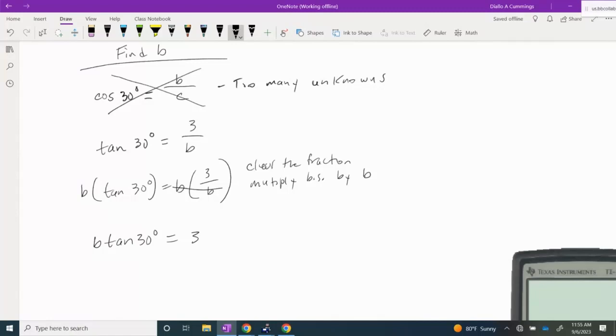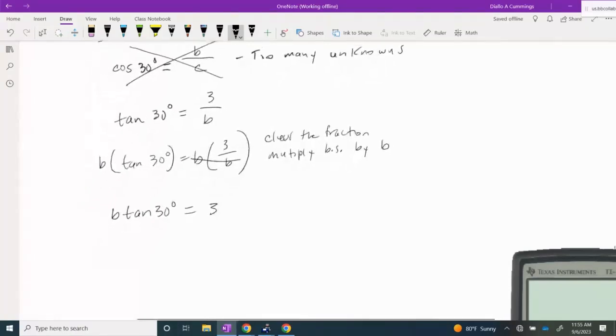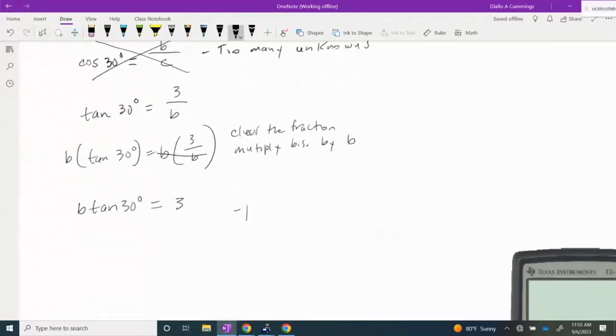Now how do I solve for B? The opposite of multiplying by the tangent of 30 degrees is to divide by the tangent of 30 degrees. So let me put that step in: divide both sides by the tangent of 30 degrees.